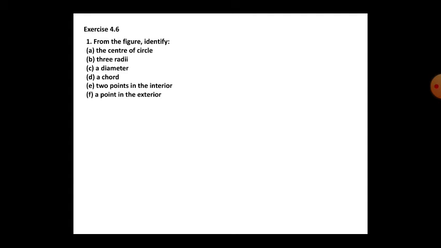Let us see from the figure: identify the center of the circle, the three radii, a diameter, a chord, two points in the interior, a point in the exterior, a sector, and a segment.